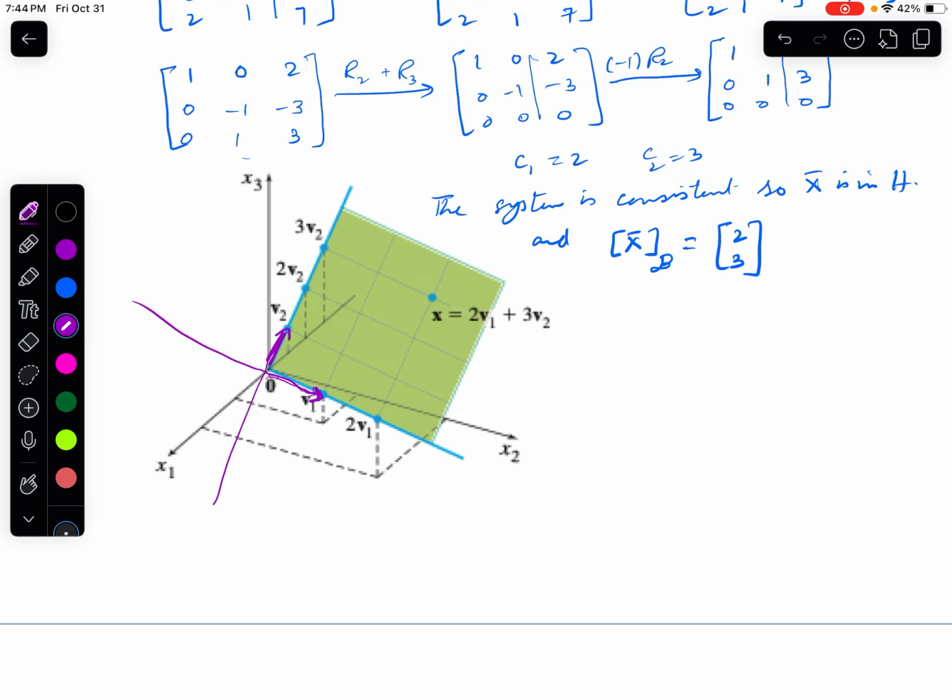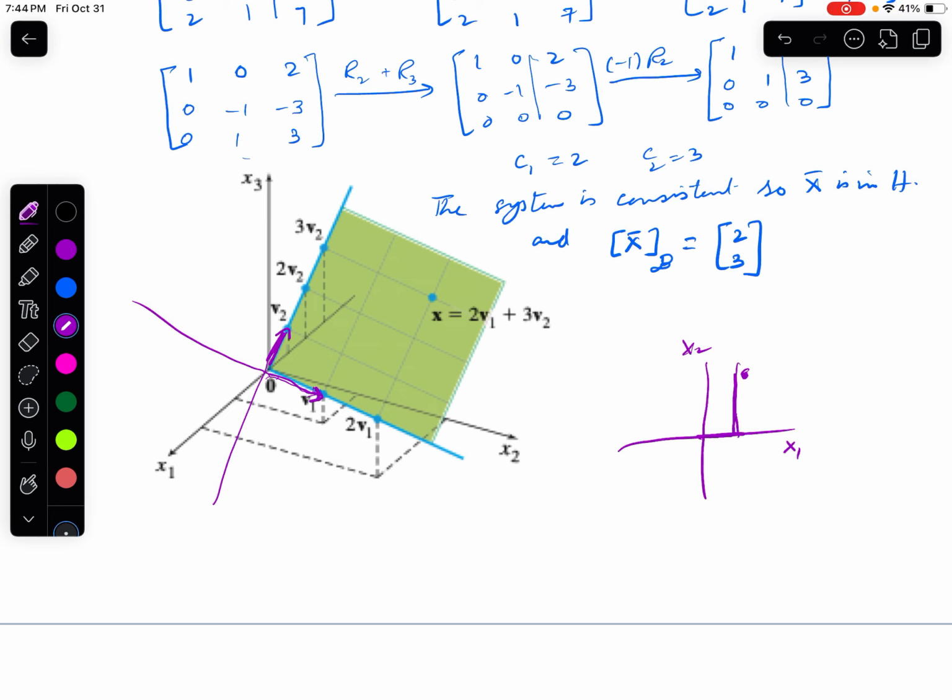So how much we go along V1 and how much we go along V2. That's how, remember, we read the vectors in the xy plane. So if you have the x1, x2 plane and your vector is coming here, how do you read it? You say, okay, how much did I go along the x1 axis and how much along the x2 axis?